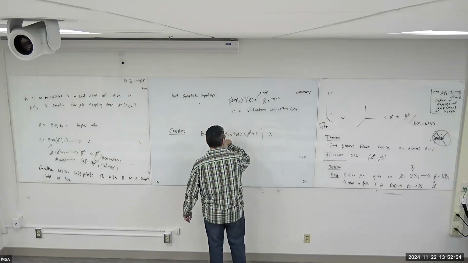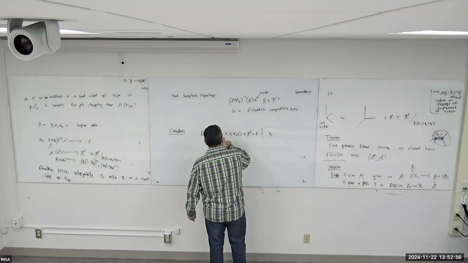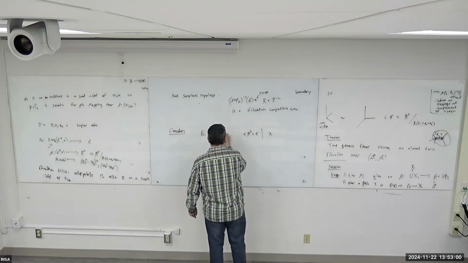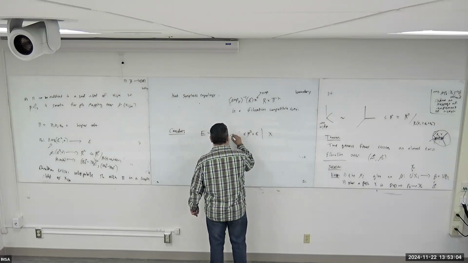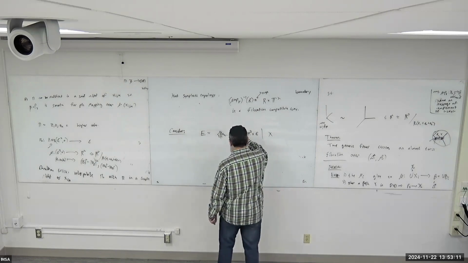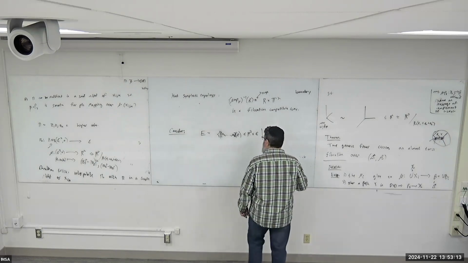Or x is maybe x1, x2, x3, x4, and t. Okay, the homogeneous coordinates.